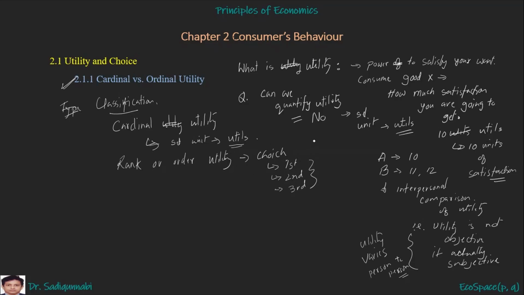So in that case, we take the combination of good x1 and x2, and we'll learn this after this section. If x1 is increased, then you have to decrease the amount of x2 to keep the utility the same.